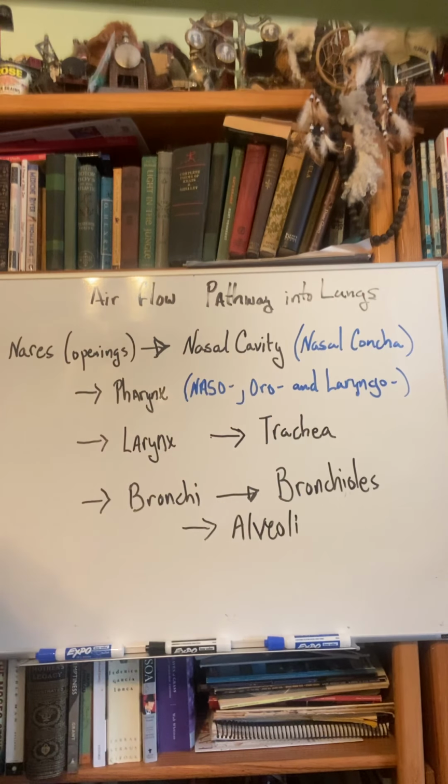And in the nasal cavity, you might remember from when we were studying the skull, we had superior, middle, and inferior nasal conchae. And you might wonder, what is that all about?